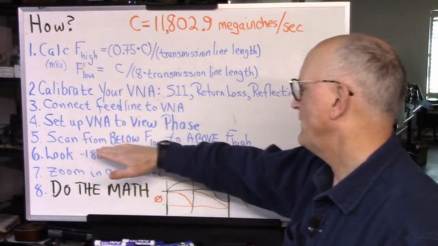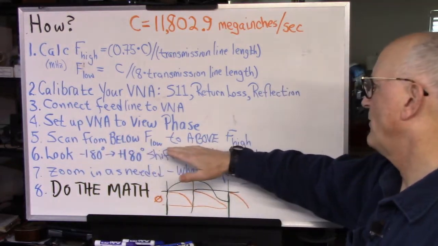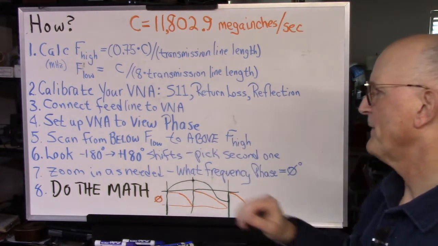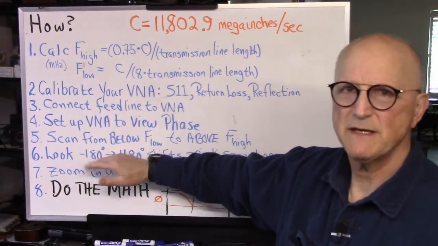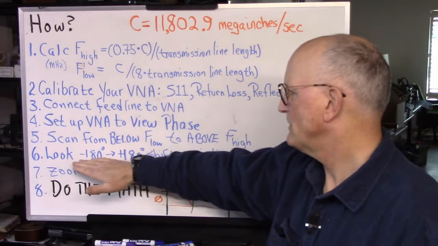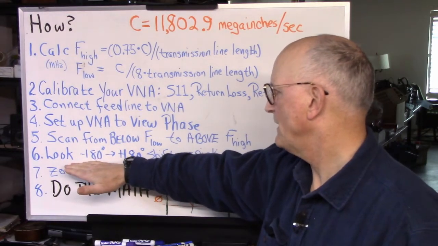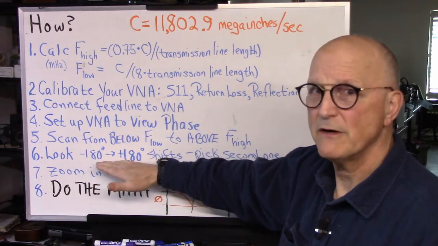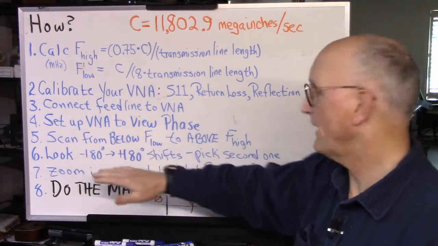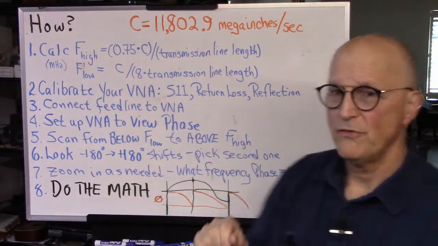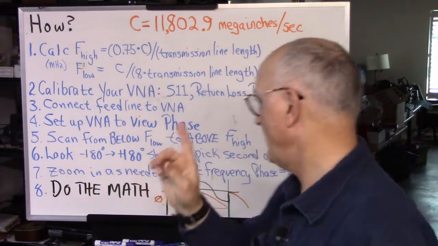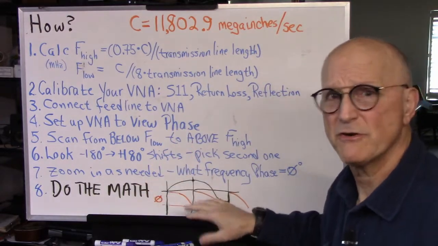And then you scan from below F sub low to above F sub high. You're looking for those spaces, like I said, where it goes from minus 180 degrees to plus 180 degrees very quickly. And the object is to pick the second one. I've drawn a little picture down here.